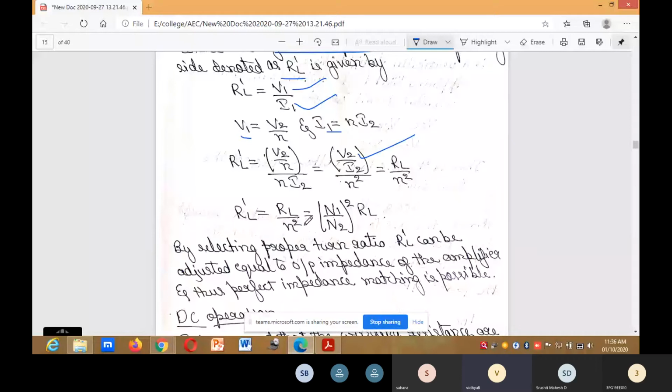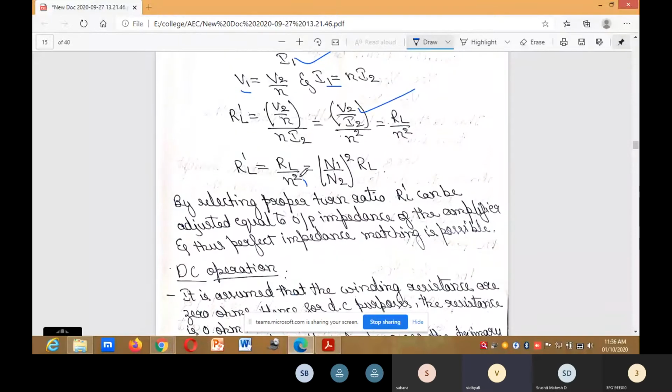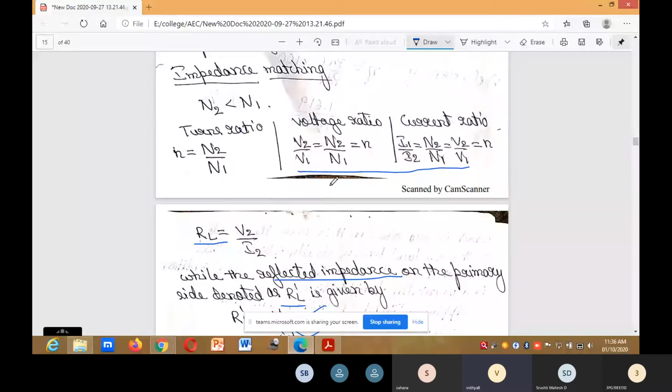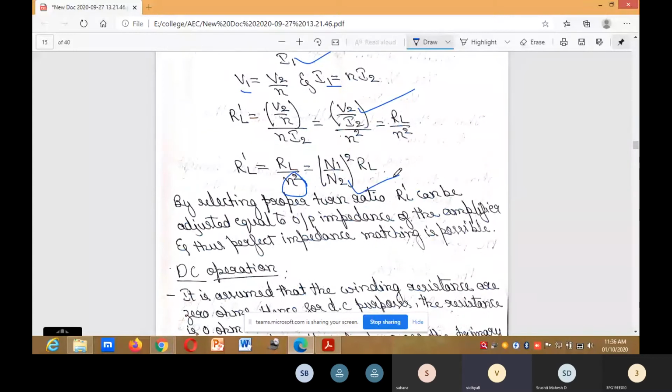That can be written as N1 divided by N2, whole square, into RL, since N is equal to N2 divided by N1. By selecting a proper turns ratio, RL dash can be adjusted equal to the output impedance of the amplifier, and thus perfect impedance matching is possible.